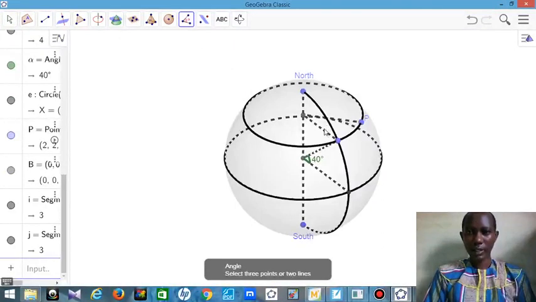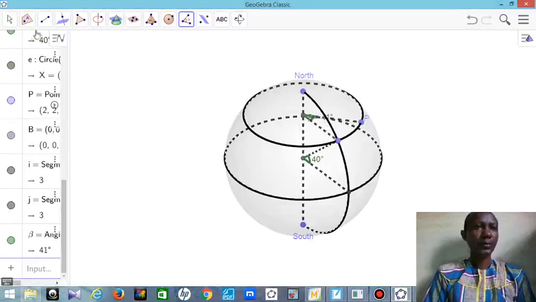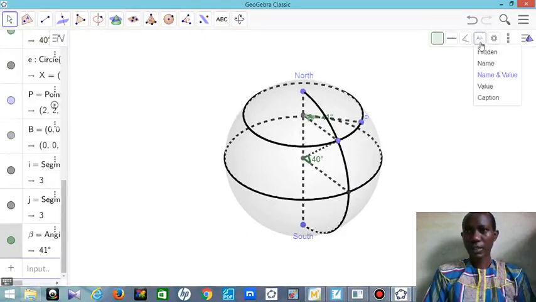Let's get the angle between these two points.